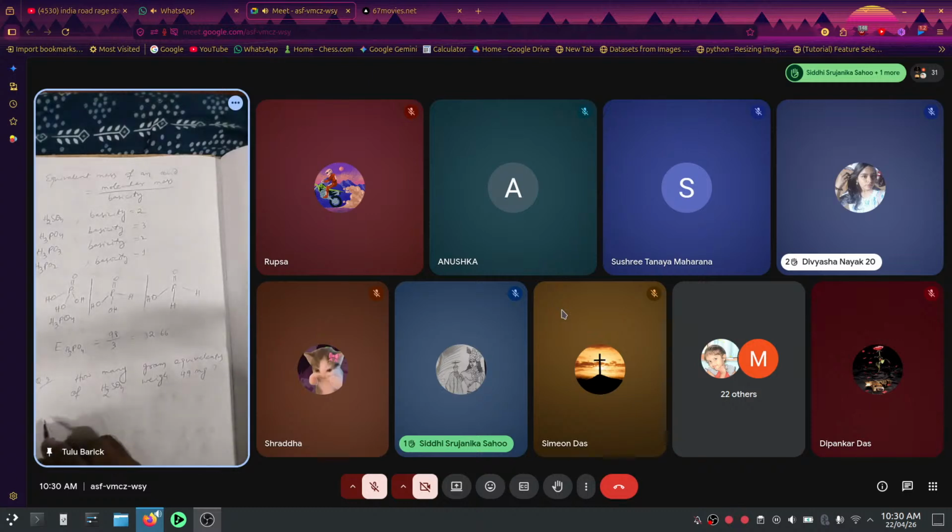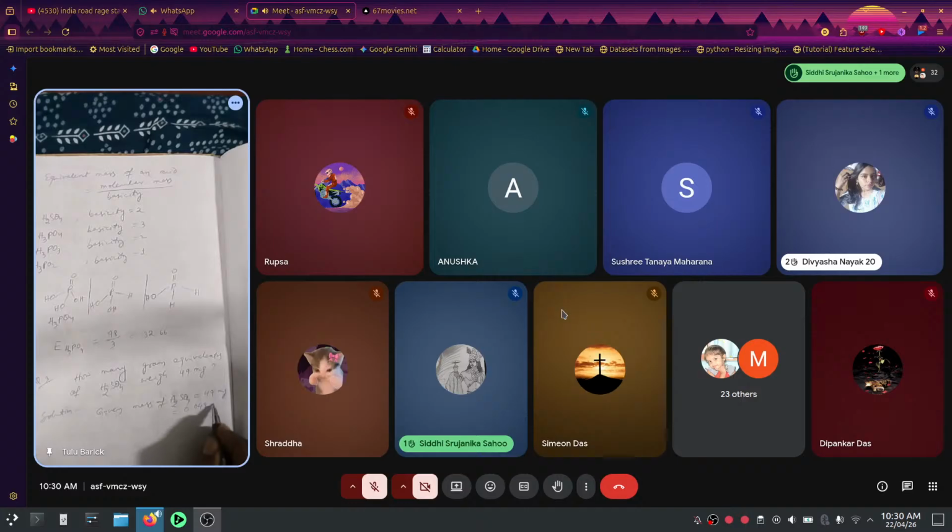Okay. So, you write: given mass of sulfuric acid is 49 milligrams, that is 0.049 grams. You have to convert milligrams to grams. Then the equivalent mass of sulfuric acid: molecular mass is 98, by 2, that gives you 49.